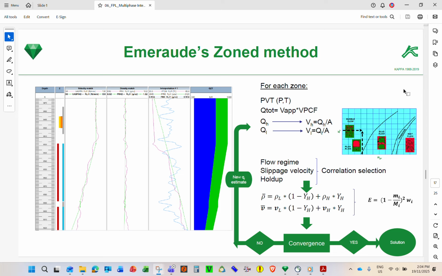The QT, the endpoint, is coming from where? From VM times area. For each different calculation zone, we have a different VM, different QT, and different endpoint, according to PVT.